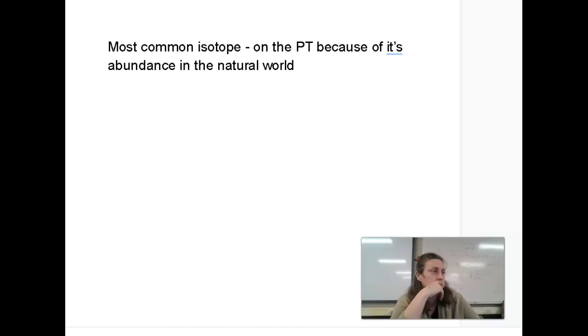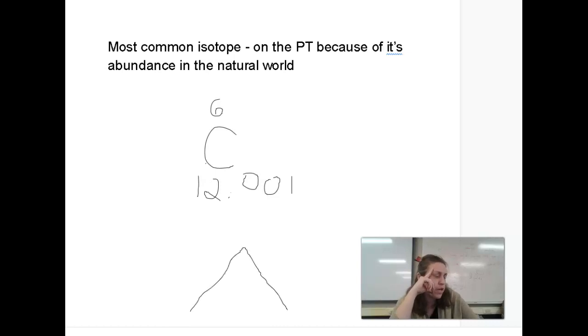If I have carbon, I have two numbers: a 6 up here, and then 12.001. In this case, we take this number and round it. Now we look at Spaghetti Mountain here, and we're going to talk more about this next week.